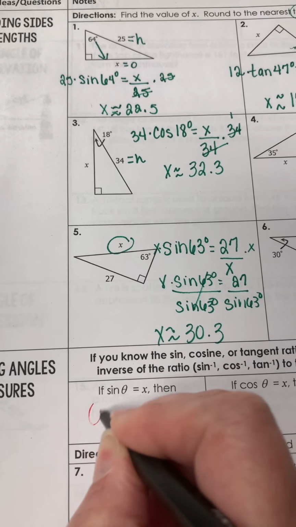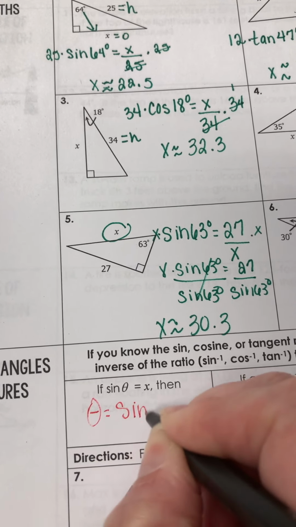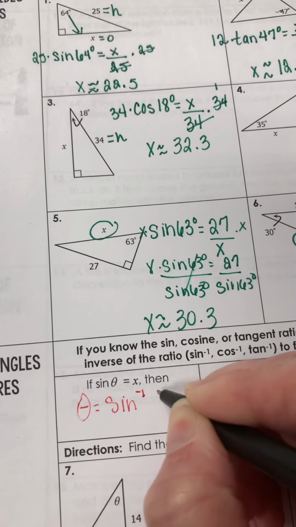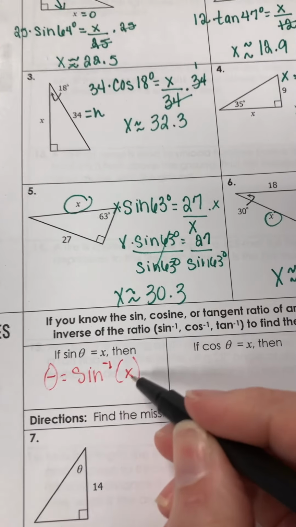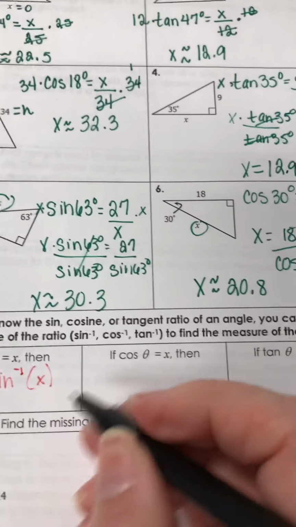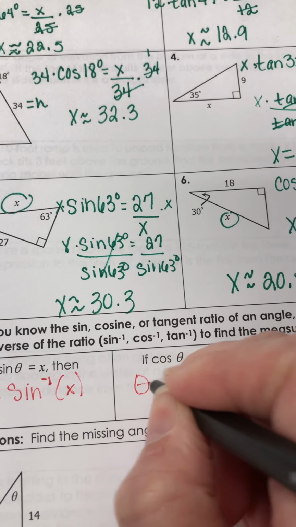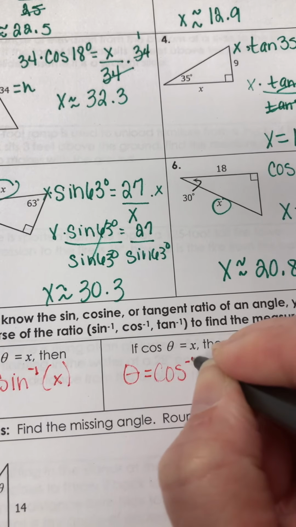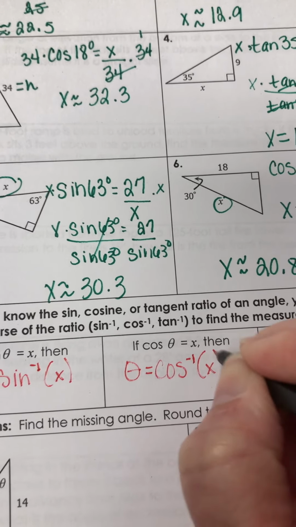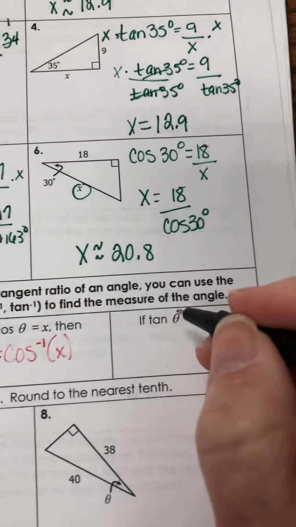What you can do to find theta is take your inverse function and apply it to x, which is, of course, the sine. If cosine of theta equals x, to find theta, which is your acute angle, you can take the inverse of cosine of x, which is what cosine of theta is equal to.